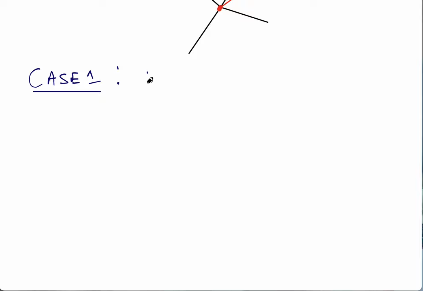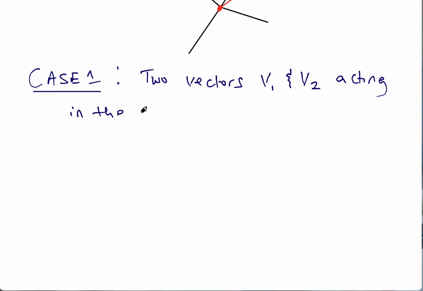So let's say we have two vectors, v1 and v2, acting in the same direction. Now, what do we mean by this? If these two vectors are acting in the same direction, that is, both orientations are the same, I'm going to draw something like this here now.